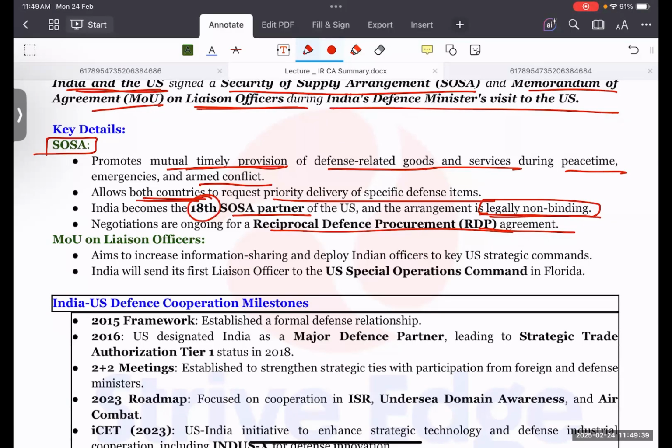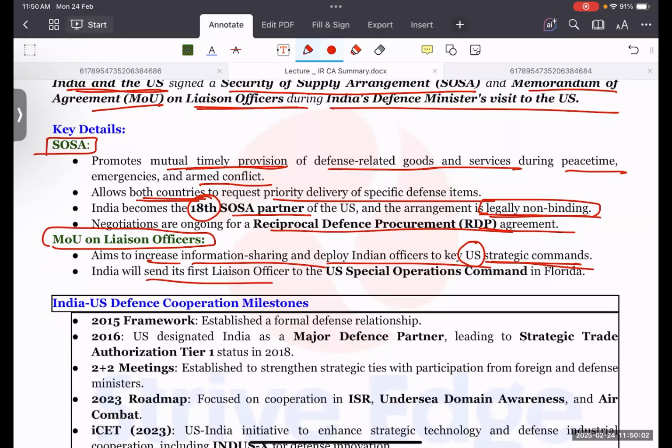And also we have discussed that there is an MOU that has been signed on the liaison officers. Why? In order to increase information sharing and deploy Indian officers to key US strategic commands. So wherever there are US strategic commands, there will be one or two liaison officers from India, so that communication will take place in a better way.